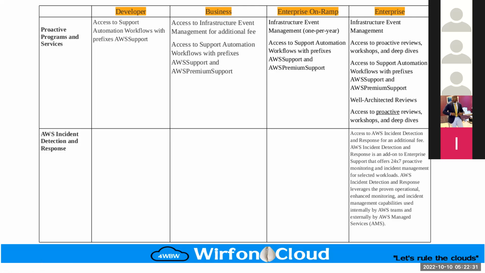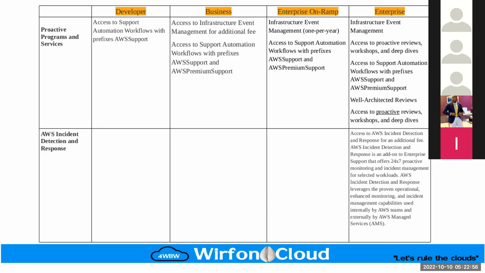Who is going to read for us the AWS Incident Detection and Response? I can read it. It's under enterprise. So developer, business, and enterprise on RAM are all blank. And under enterprise, it says access to AWS Incident Detection and Response for an additional fee.